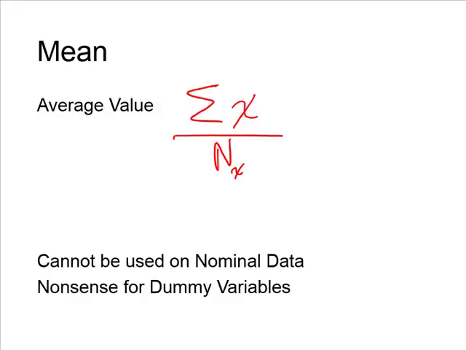And if I want to make your brain hurt on the first day, how do you compute the mean? I'll tell you to do that using exclusively letters from multiple alphabets. The average value is the sum of all x's. X is the variable we're looking at. What's the variable we're looking at in this case? Hillary's temperature.